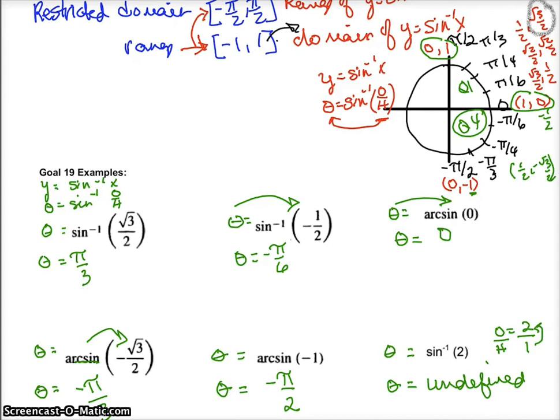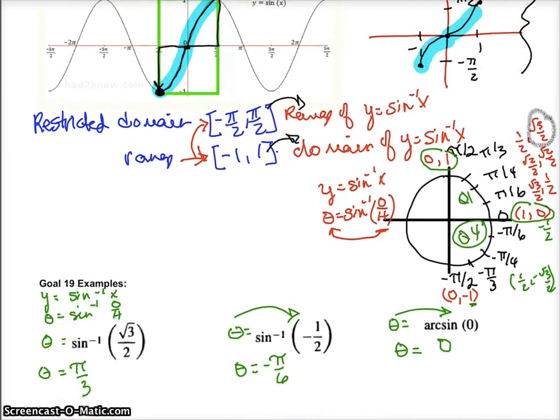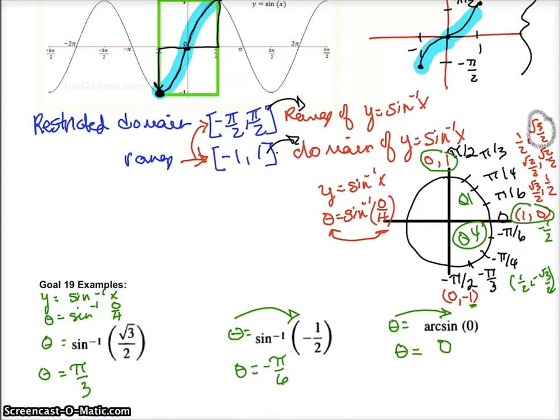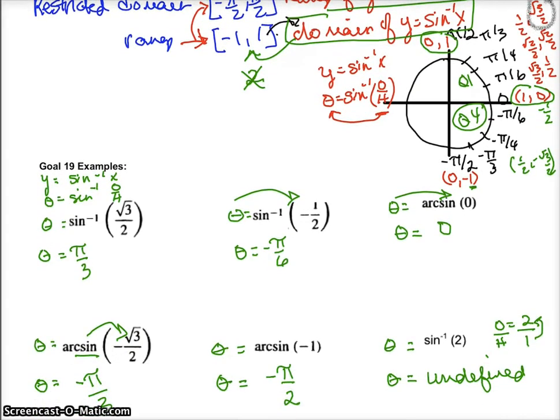Recall, if you look back at our inverse functions, domain and range, the domain of inverse sine is from -1 to 1. 2 is not between -1 and 1. Therefore, this function is undefined.